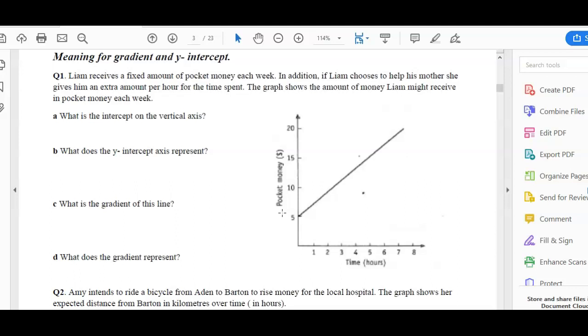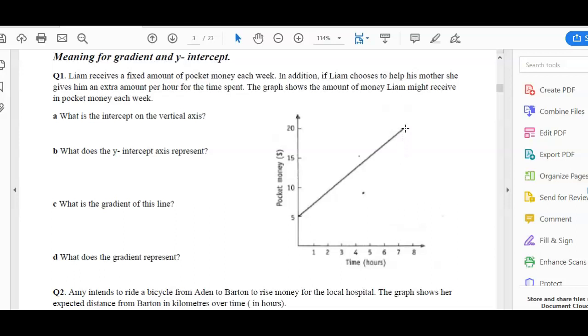What is the gradient of this line? So you just use your endpoints, I always find the endpoints the easiest. So we've gone from 5 up to 20. So he's gone up $15 and he's gone across, is that 7 or? It's a bit hard to tell.